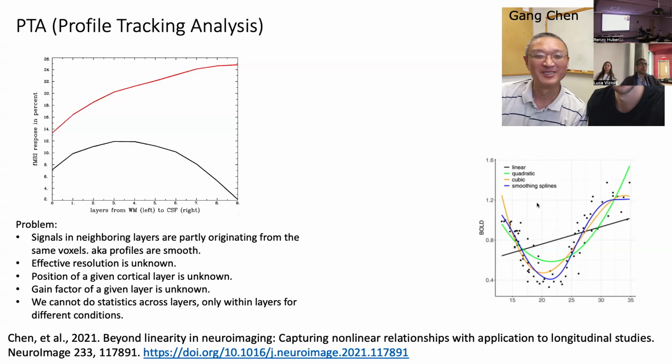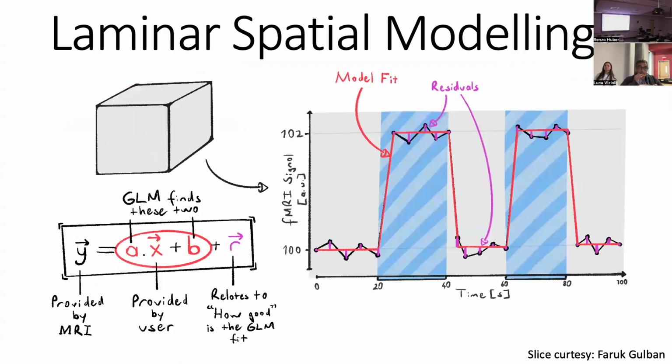So what Gang Chen proposes is something that he calls profile tracking analysis. That's something that comes from the temporal analysis of fMRI. Many of you probably know this GLM, so we basically have an expectation of a certain activation and rest periods and maybe even transition periods in between, and we try to fit that to that model and find a beta value that fits best.